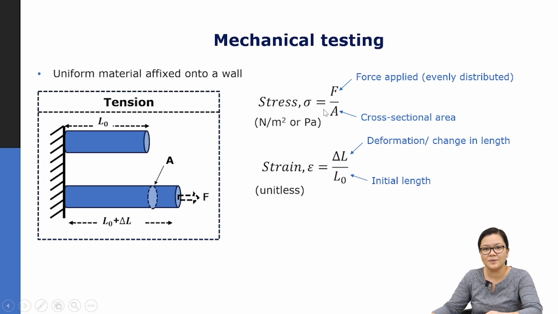So stress equals force divided by the cross-sectional area. And in terms of the measure of deformation or the displacement of that material, we usually utilize strain as our parameter, denoted by epsilon, and that equals delta L, which is the change in length or the deformation, divided by the initial length, L naught.